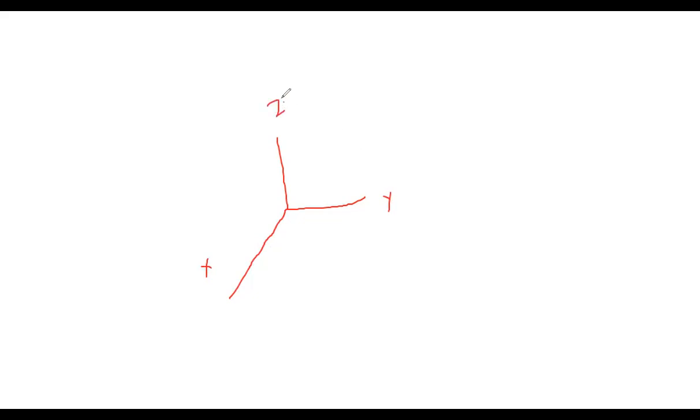So suppose this is your 3 dimension axis, and here i is the direction vector of x, j is the direction vector of y, and k is the direction vector of z.